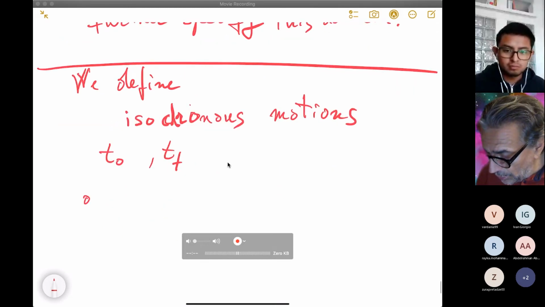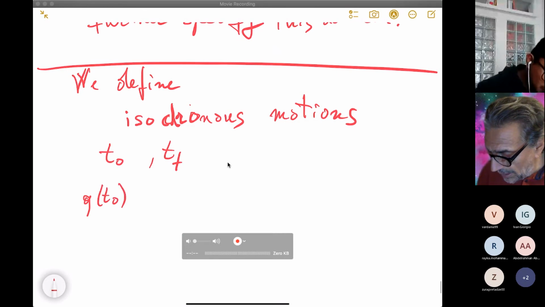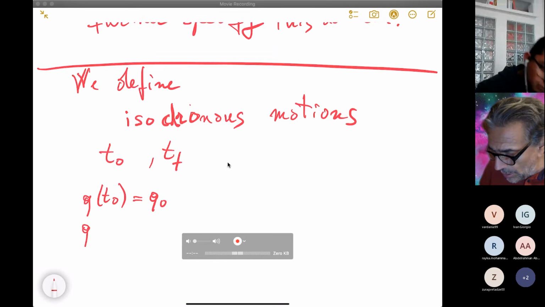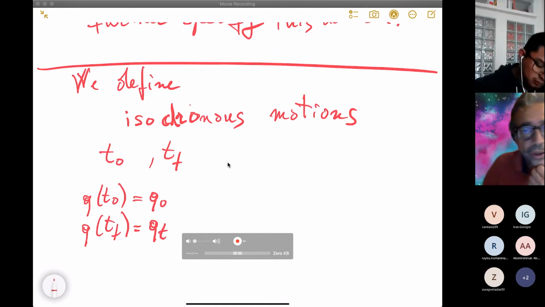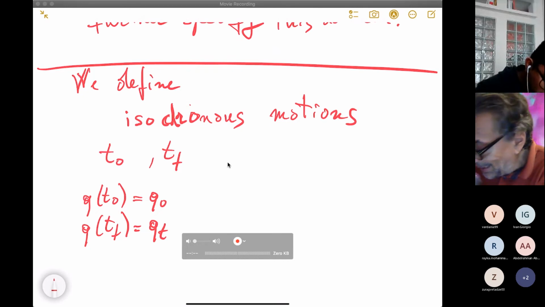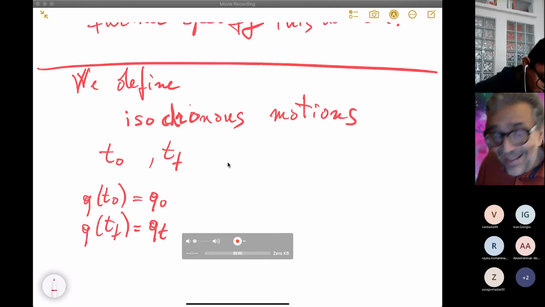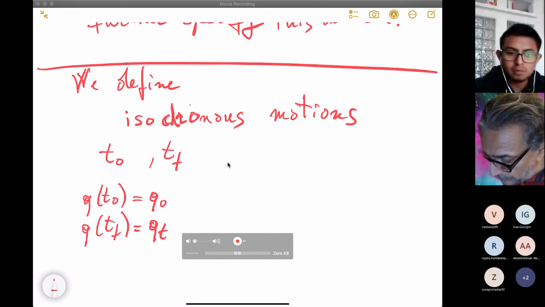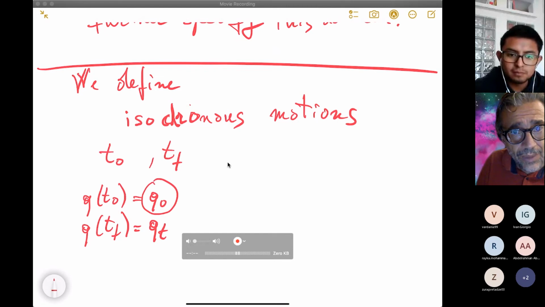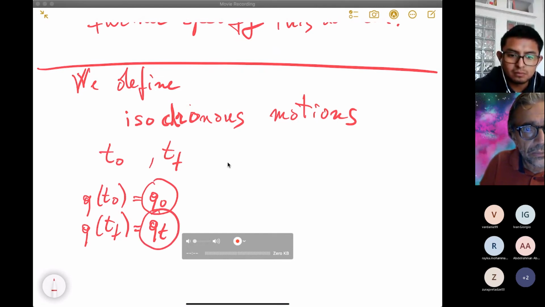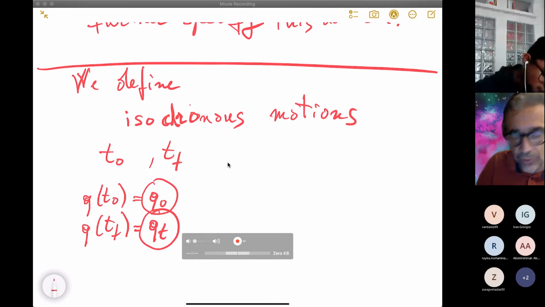We define q of t0 equal to a certain configuration q0 and q of tf equal to a certain final configuration qf. The set of isochronous motions start from the configuration q0 and arrive at the configuration qf, which are blocked.